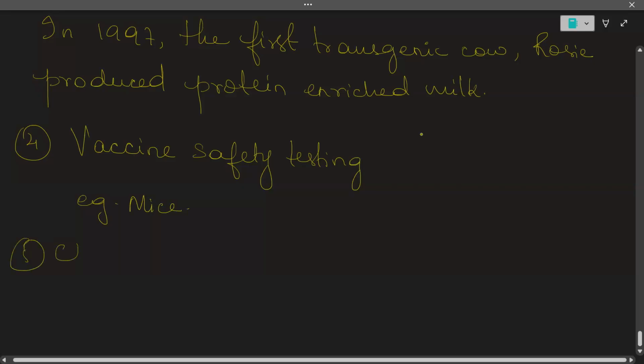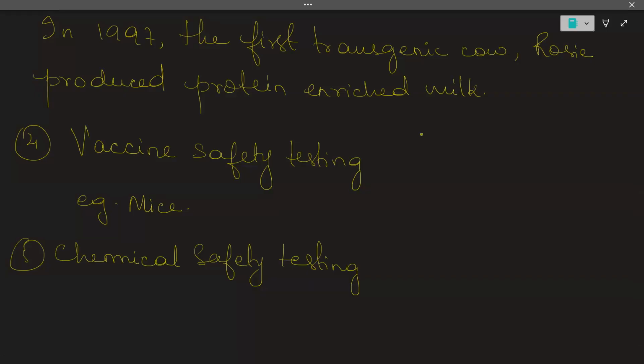Then comes chemical safety testing, meaning any drugs or any food products that are released into the market are checked with the help of these transgenic animals.